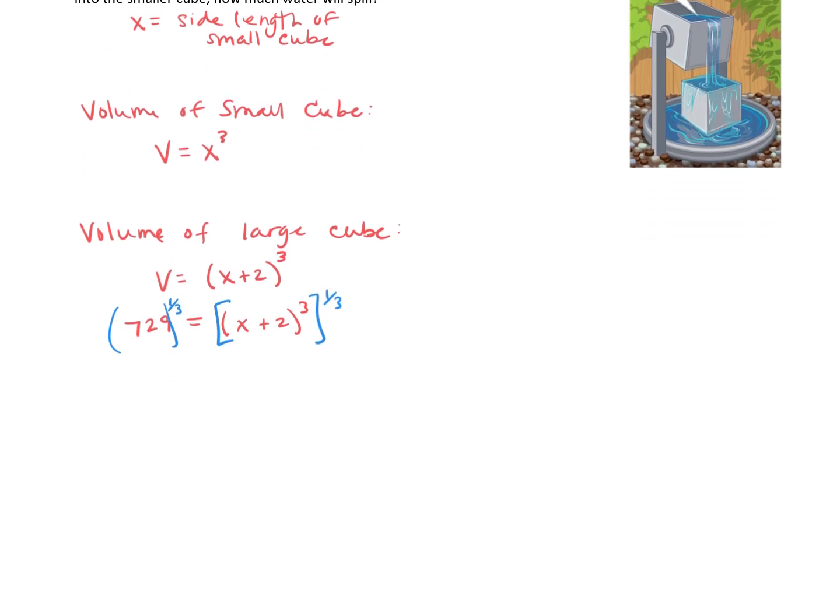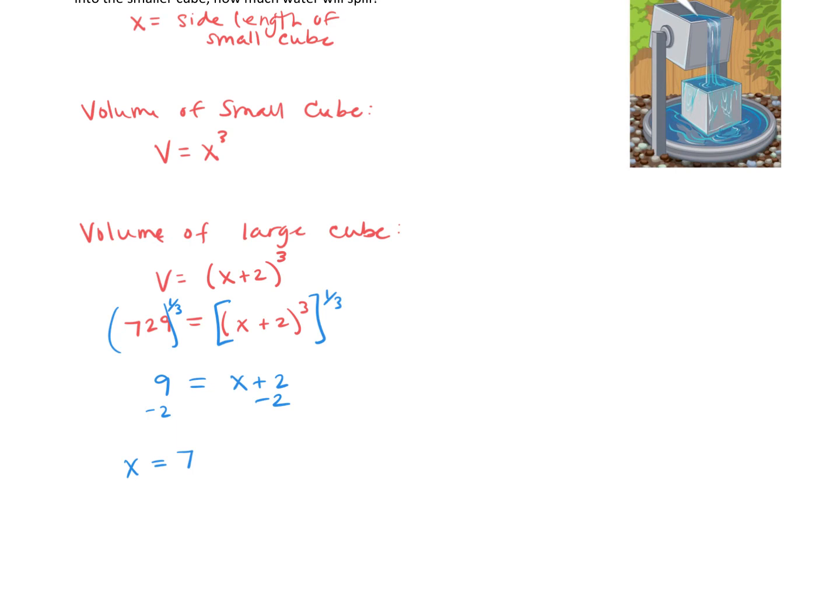So on the left side of our equation, we end up with x plus 2 raised to the 3/3 power, which is just x plus 2. And then 729 raised to the 1/3 power is 9. That allows us to solve for x. We're going to subtract 2 from both sides, and we get x equals 7.